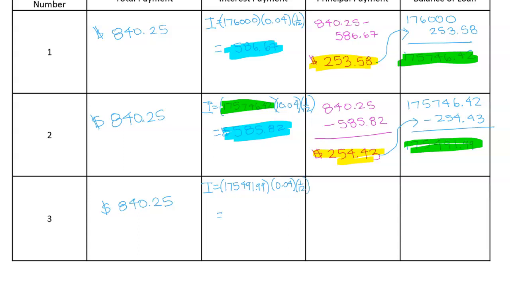This will be $584.97. We start with the principal from the previous month.